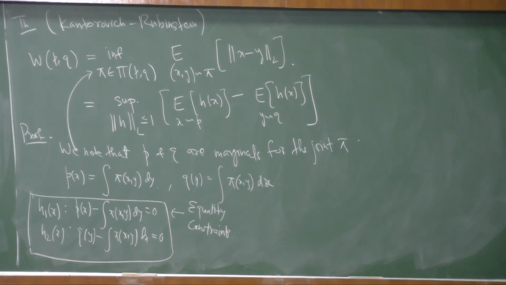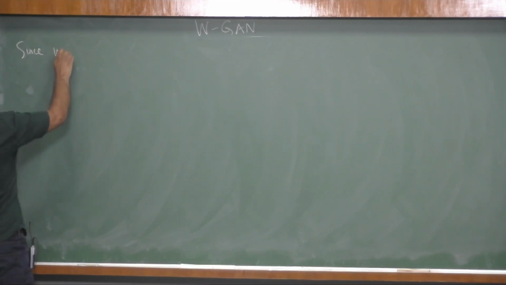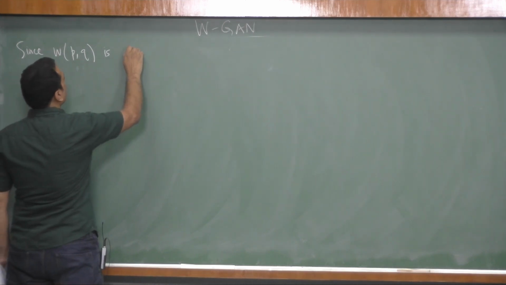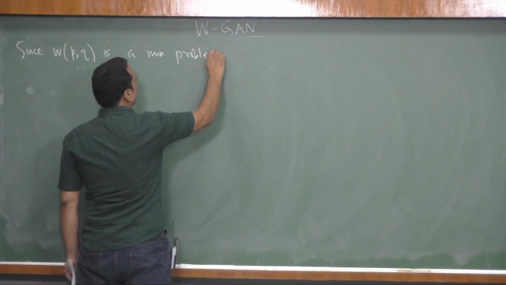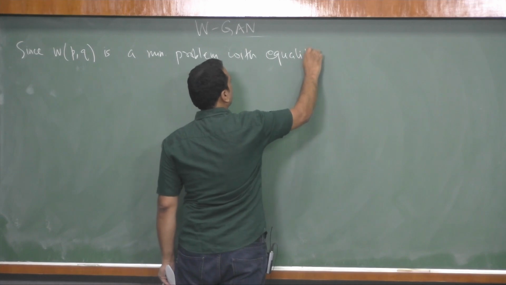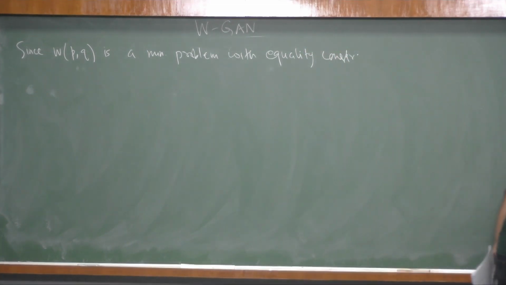Now, since this is a problem with some constraints, it is usual to invoke duality, so write a dual form of that. Since W(P,Q) is a minimization problem with equality constraints, let us call this star.